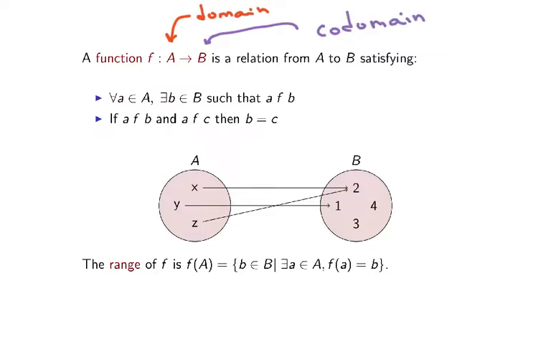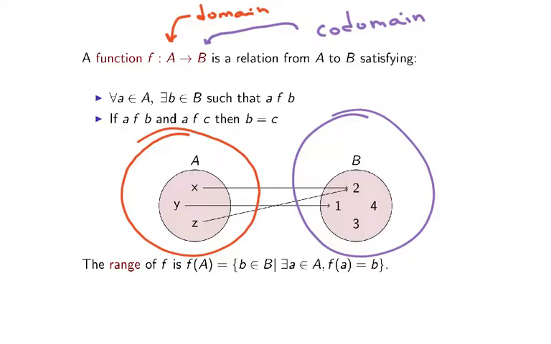So the set that we said, from what to what, the first set then is the domain of the function, and the second set is the codomain. In this case, the domain is the set of the letters X, Y, Z, and the codomain is the set of the numbers 1, 2, 3, 4.